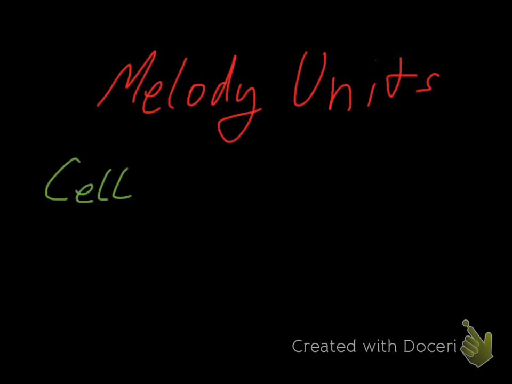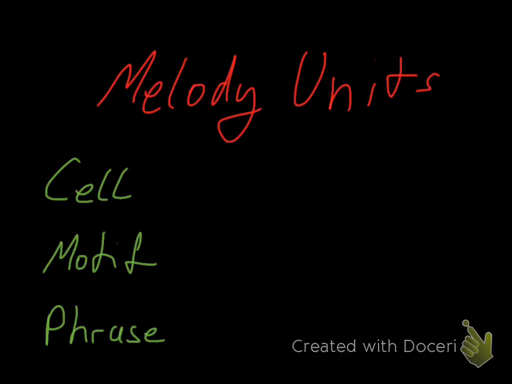As part of the larger topic of musical form, melody, as part of music pieces, also has certain elements or units of form. And so we want to look at those really quickly, which first is the melody cell, which is the smallest fragment of a melody. We have the motive and the phrase.